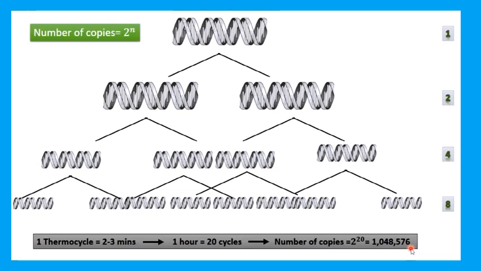Since one cycle takes around 2 to 3 minutes, 1 hour equals about 20 cycles, and therefore the number of copies will be 2 power 20, which gives more than 1 million copies, as you see in this equation.